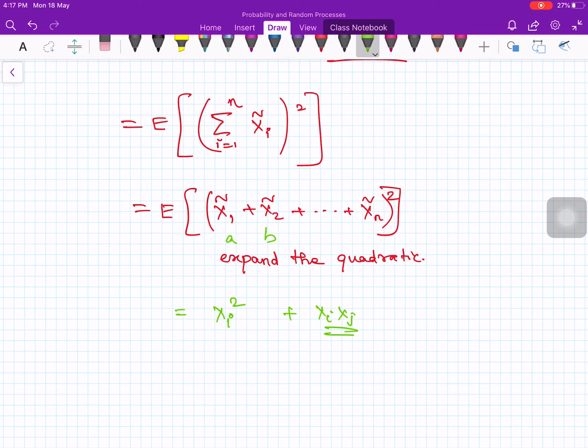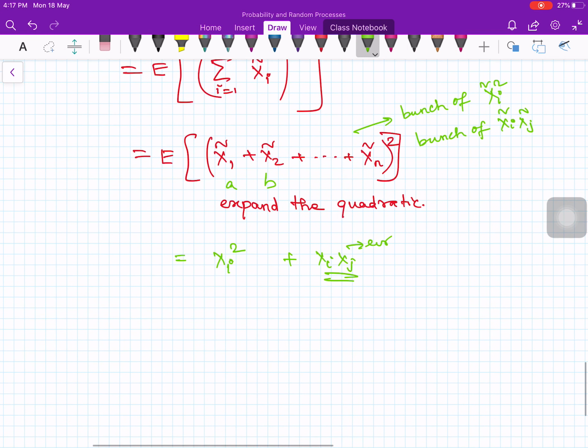These are called cross terms. So you'll get a bunch of xi tilde square terms, and also a bunch of xi tilde times xj tilde terms, for each choice from 1 to n.